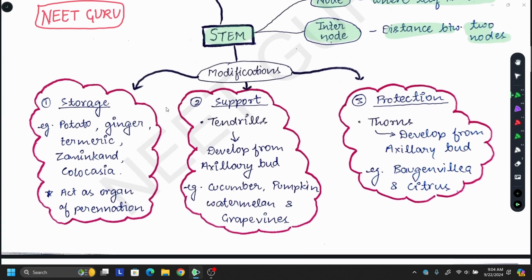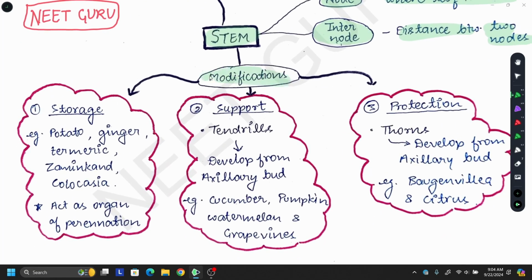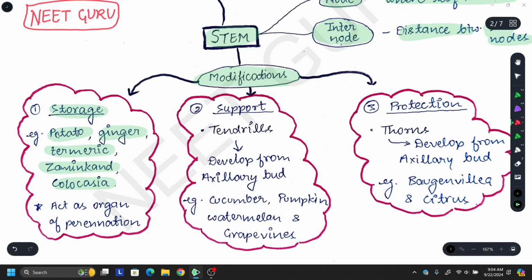Now coming to modification of stems. The first modification is storage. For storage, potato, ginger, turmeric, jimikand, colocasia. These are the plants in which stems are used as a storage organ. And potato is very important since it is easily asked, and others are also important.